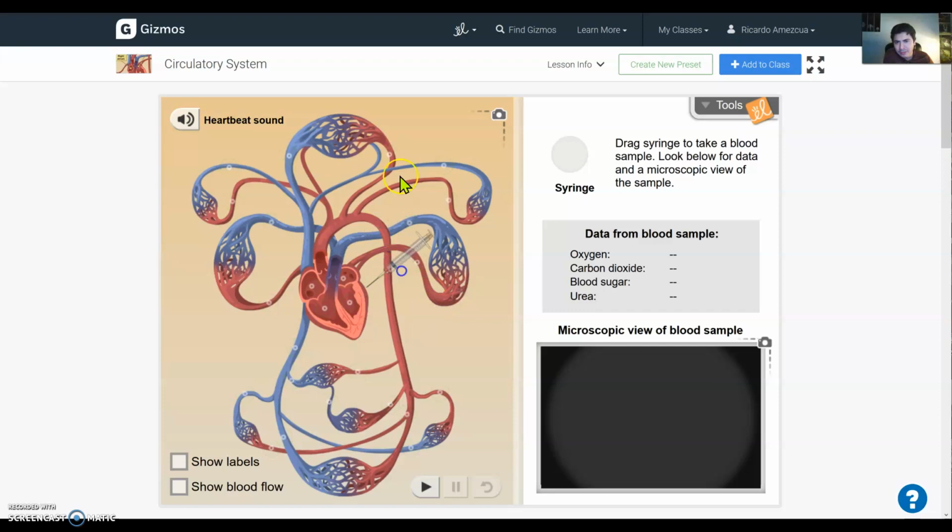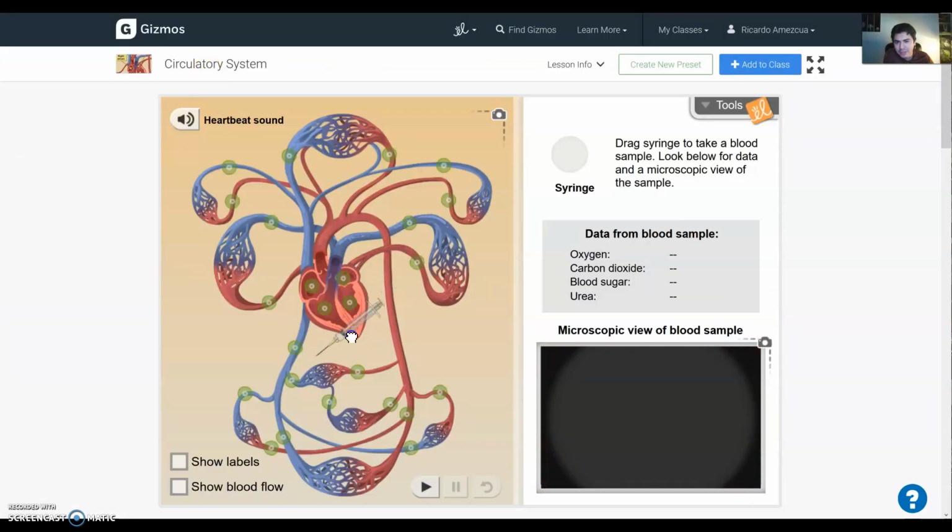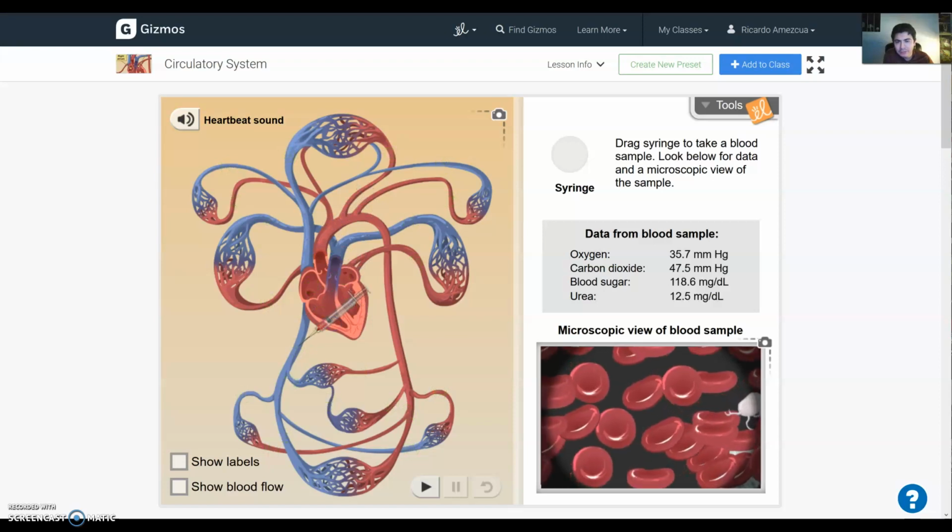And then likewise for the vena cava, you can take any measurements that are coming back from the cells after dumping the oxygen and picking up carbon dioxide. Places like this or like this, any of those places that eventually lead back to the superior vena cava and the inferior vena cava.